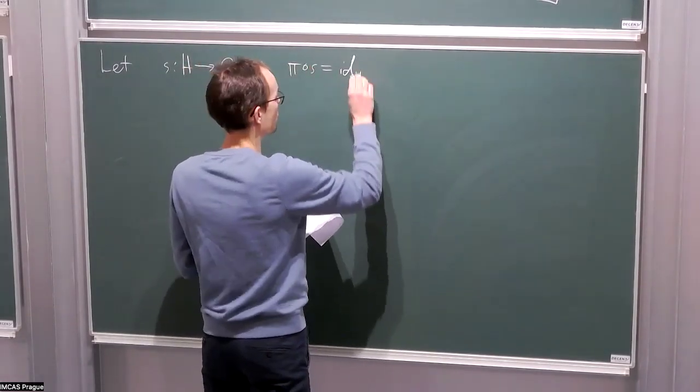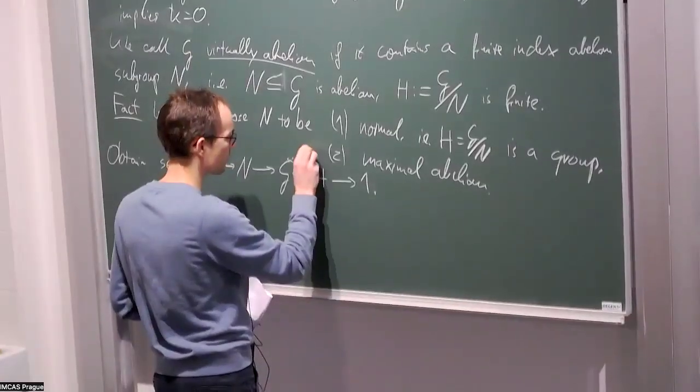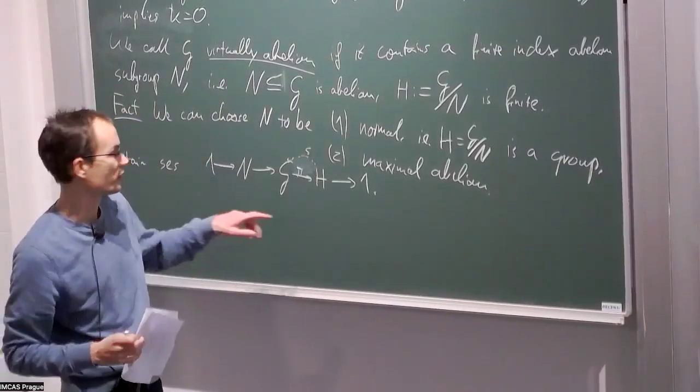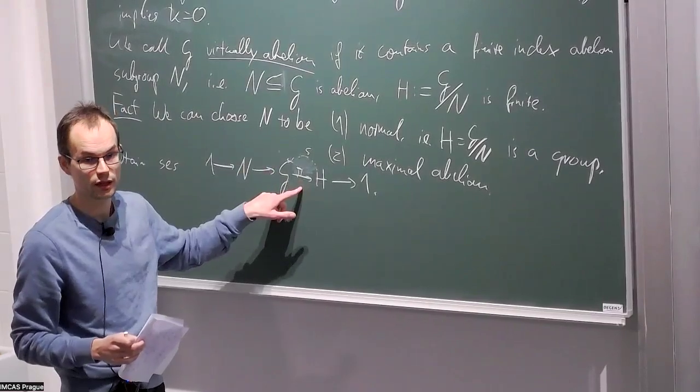So some map, so here we have pi, right? So if now I have a map from H to G, which I called s, so that if we first apply s and then we apply pi, we get the identity on H.